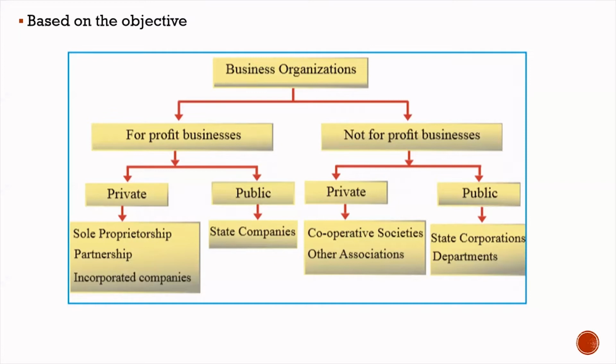While there can be others who have the objective of providing welfare to the society. We call them not for profit businesses or welfare oriented businesses. Whether it is a for profit business or non profit business, they can be working in either the private sector or the public sector.